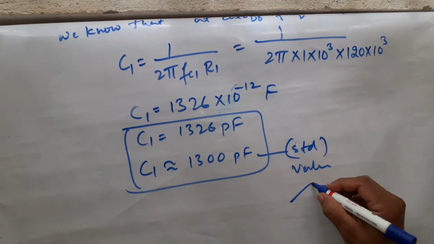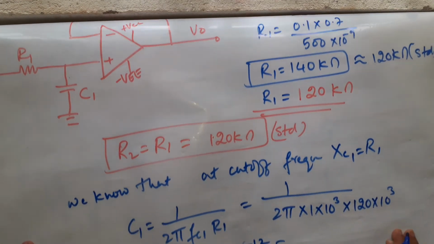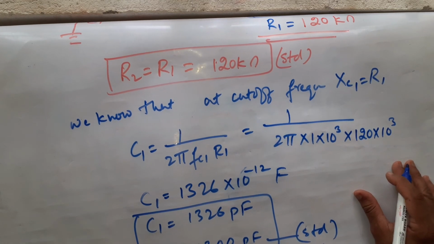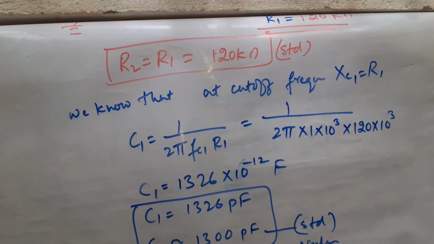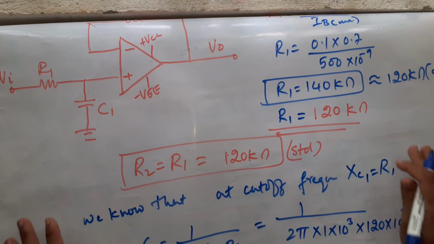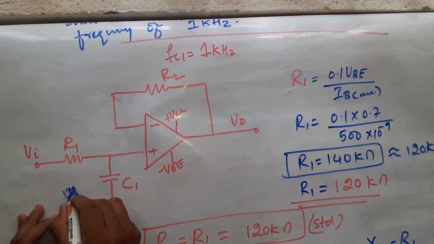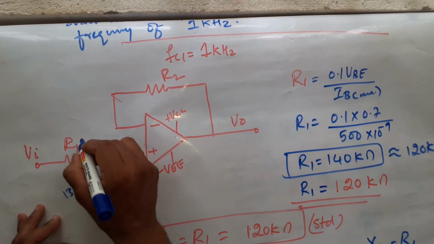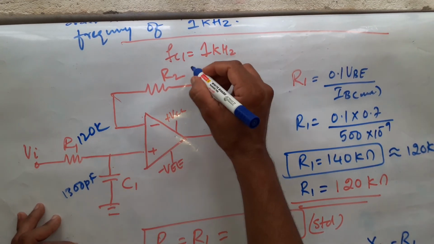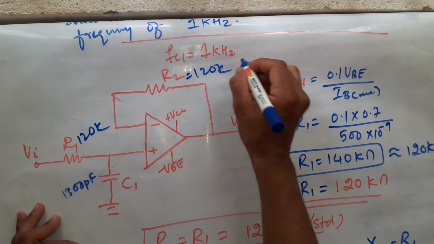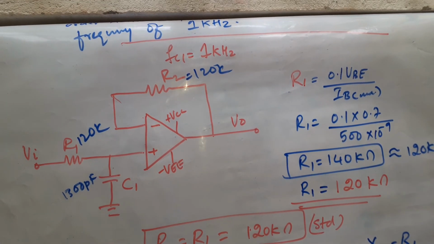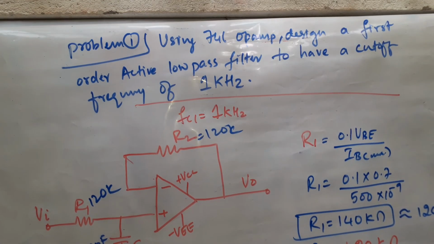Okay. This is how you have to solve. And after getting the final values R1, R2, C1, put a block like this to highlight your answer. It is still better if you write it here. What is C1? 1300 picofarad. What is R1? 120K. R2 is 120K. Like this. So this is what the solution is. This is how you have to design.